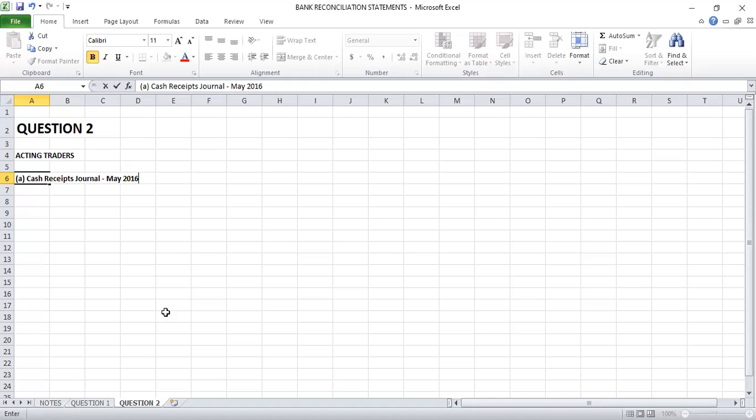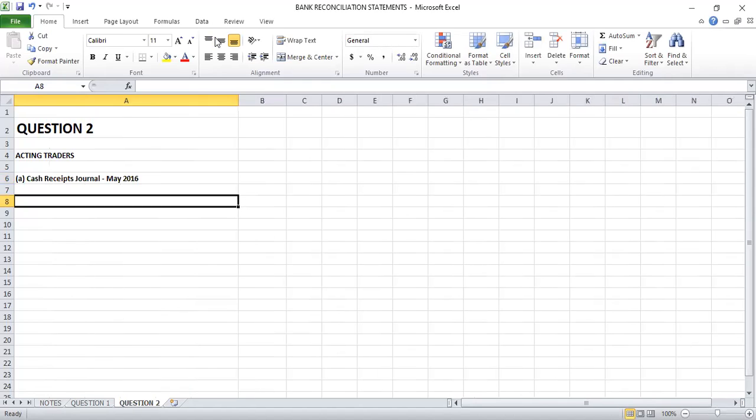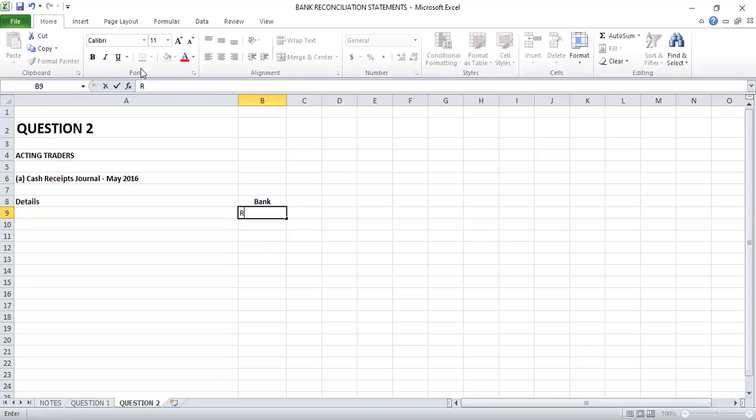And we need 2 columns. All right, we need the details and the bank. Right.